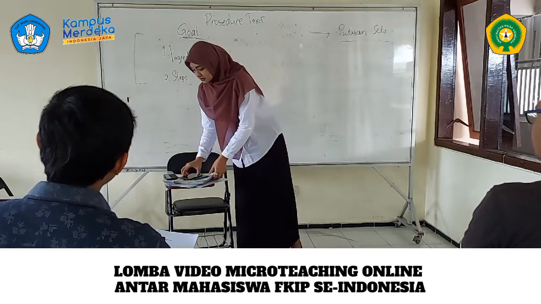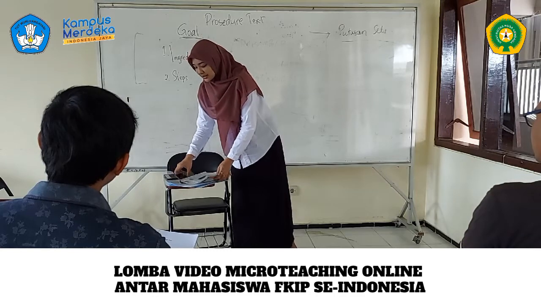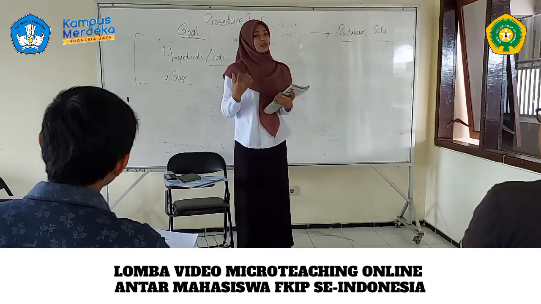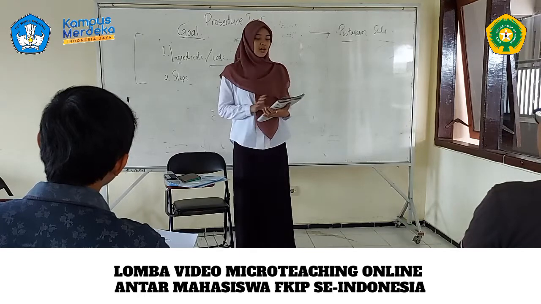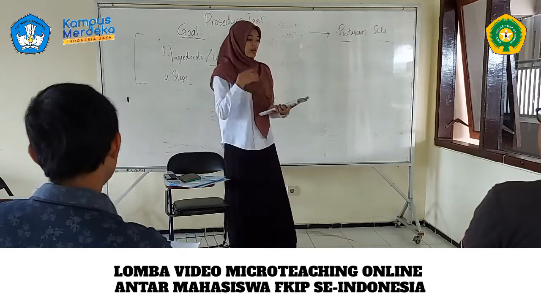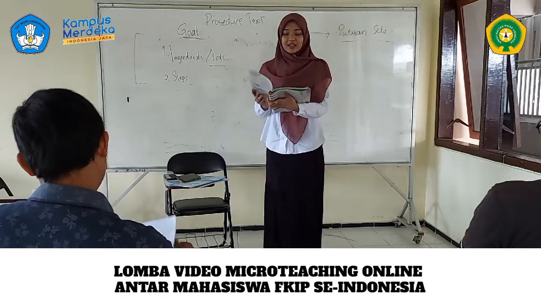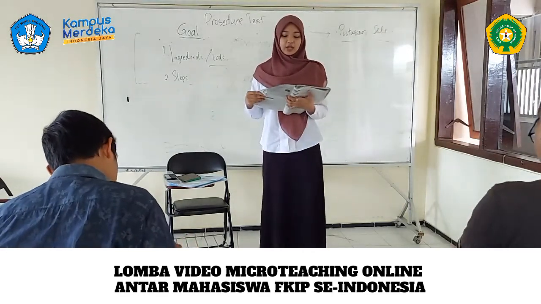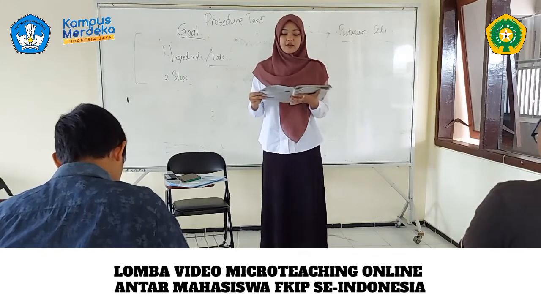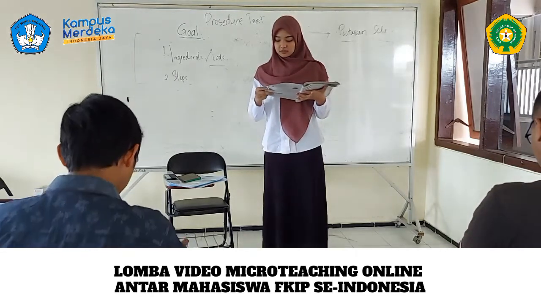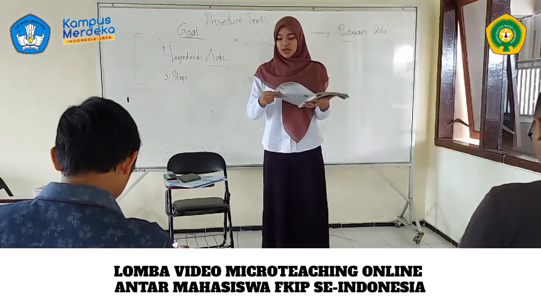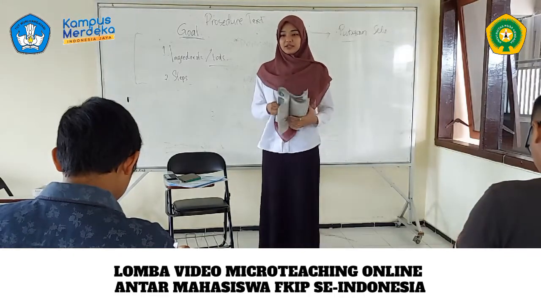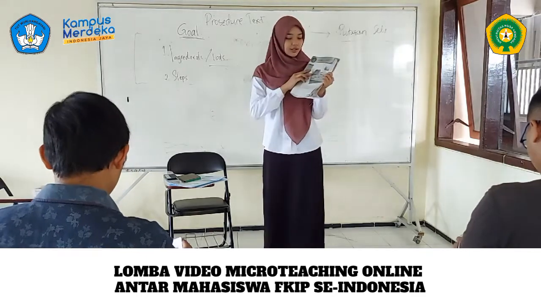Okay, guys. I will give you an assessment, not an assessment, but you need to give more and more examples of procedure text. You can find procedure text in your book, unit 14, page 169. And you can look at the picture like what I have said to you.